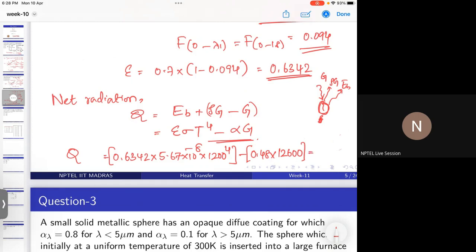Can you please find out what this answer is? 68,516.9.